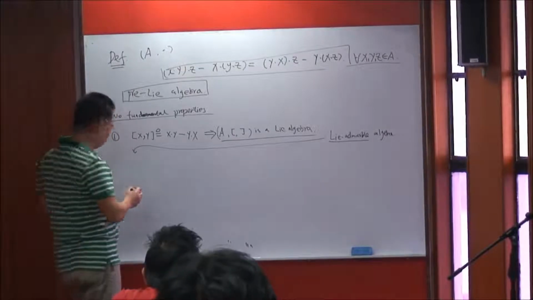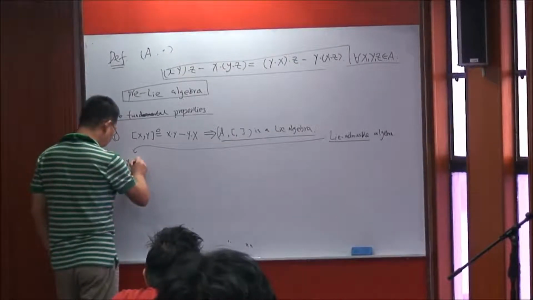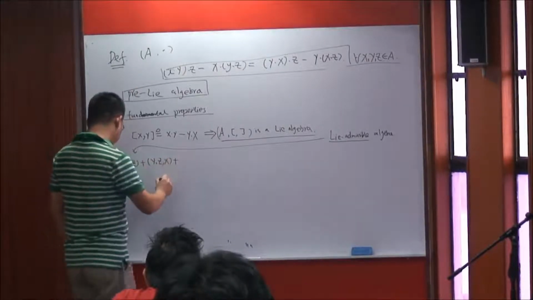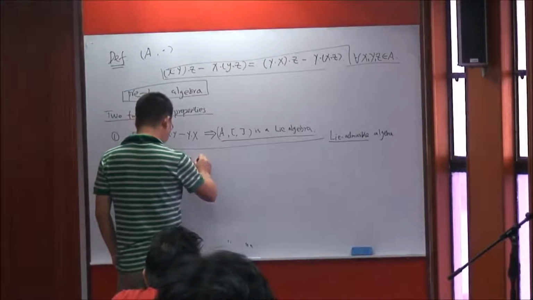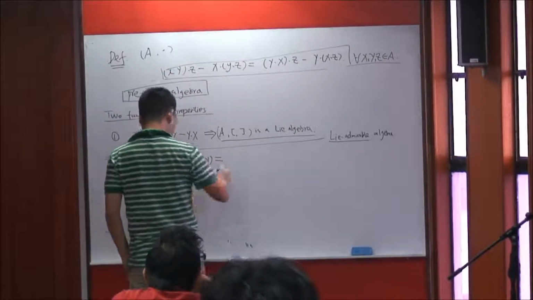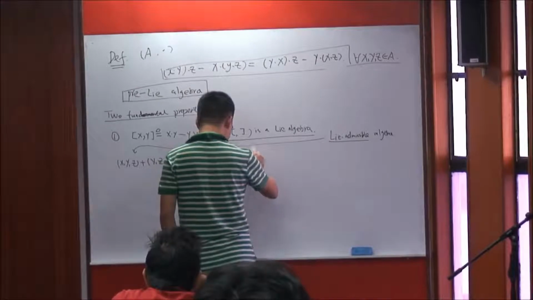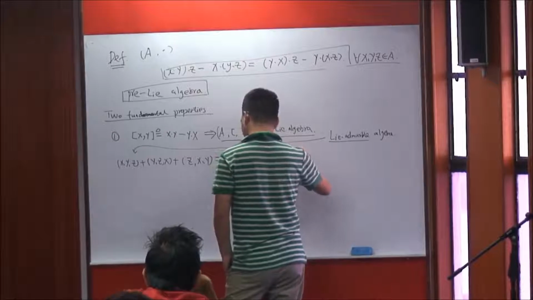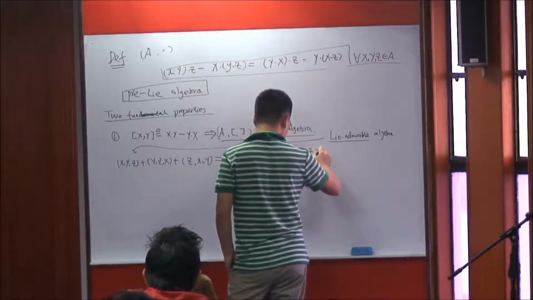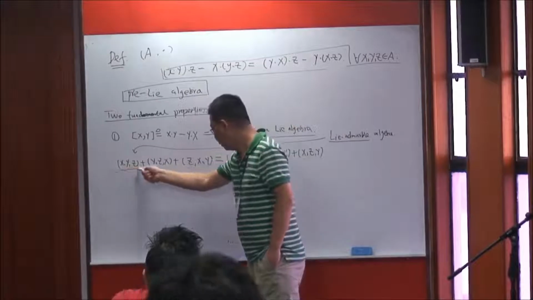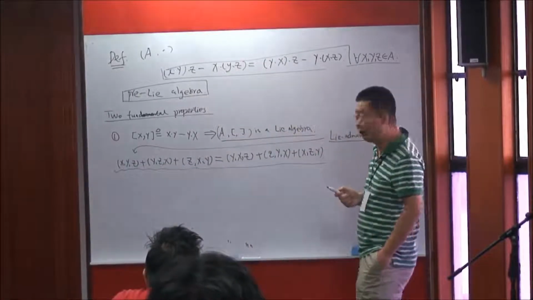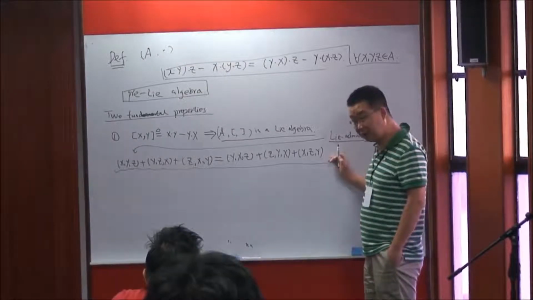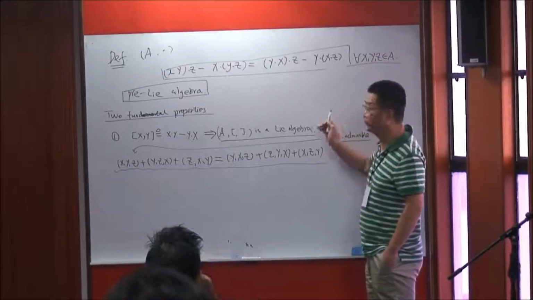The equivalent identity is (x,y,z) plus (y,z,x) plus (z,x,y) equals the same for the other permutation. If the algebra structure satisfies this condition, it's called Lie-admissible, and it is equivalent to the commutator being a Lie algebra.